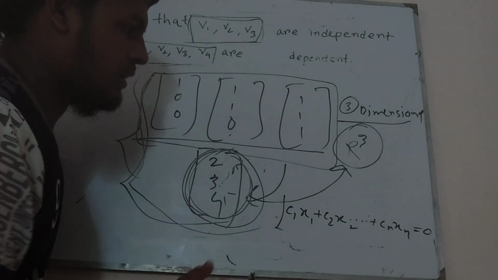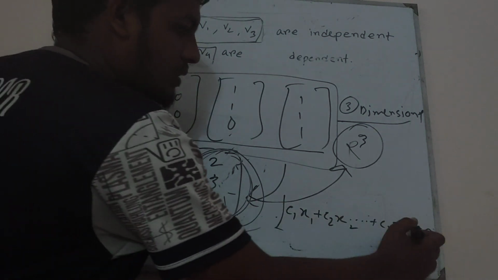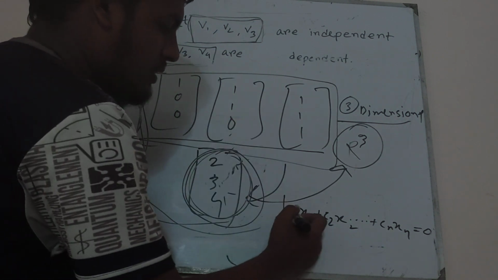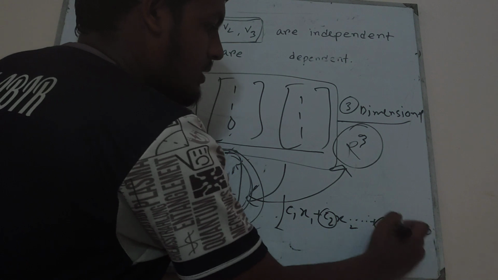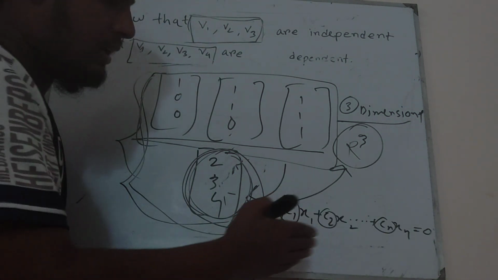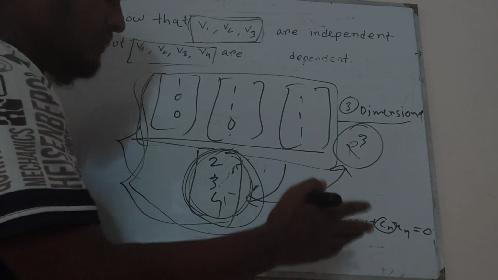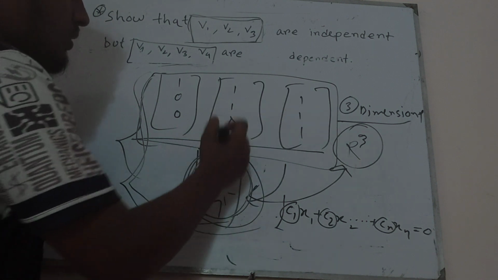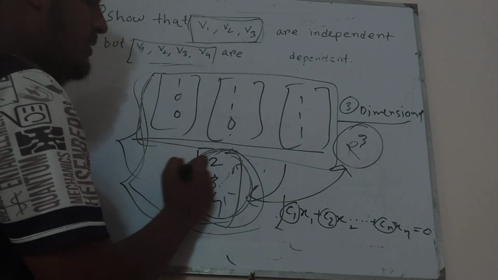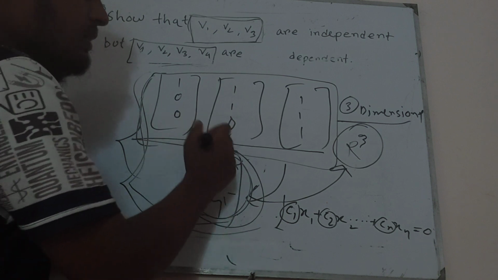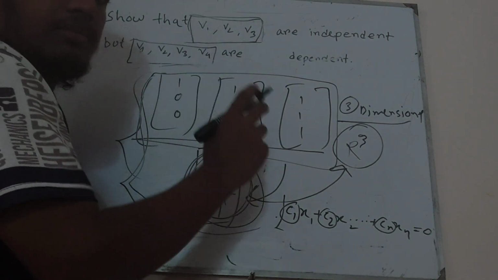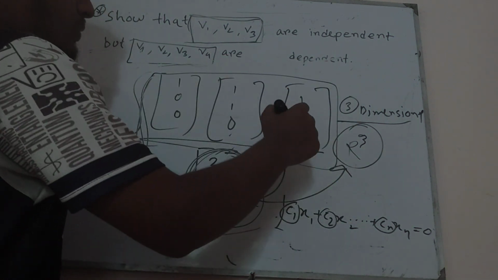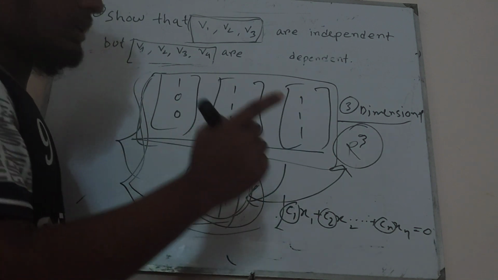If and only if the combination gives 0 by taking the constants as 0, then it is linearly independent, otherwise it is linearly dependent. In this case, the linear combination of these vectors minus this vector will produce 0. That is not the same as the condition of linear independence. So that's why we can say these 4 vectors are linearly dependent.